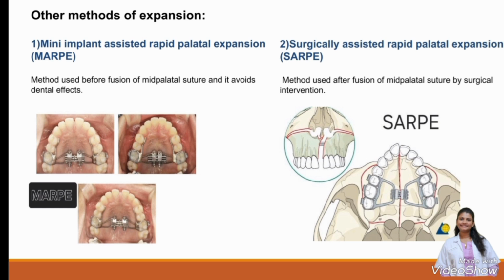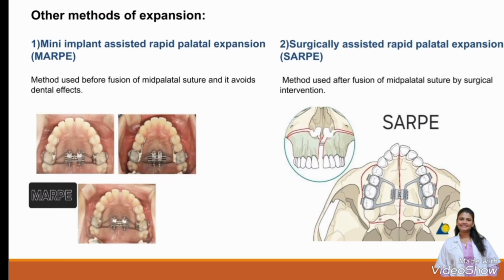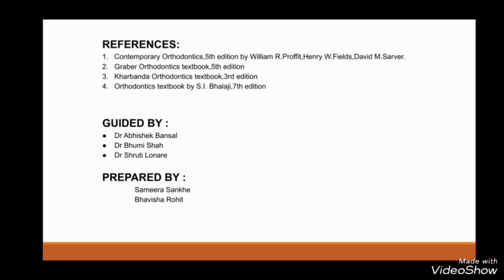In surgically assisted rapid palatal expansion, SARPE, the method is used after fusion of the mid-palatal suture by surgical intervention. With the help of osteotomies, a surgical incision is done and palatal expansion is carried out after fusion of the palatal suture. As we can see in the picture below, here we end our expansion in orthodontics.